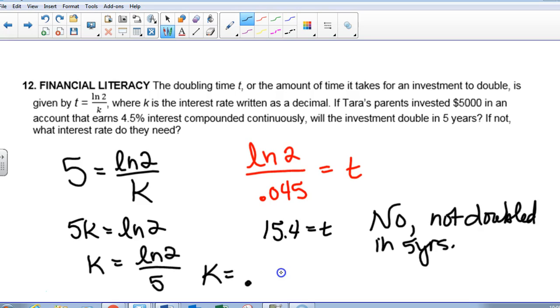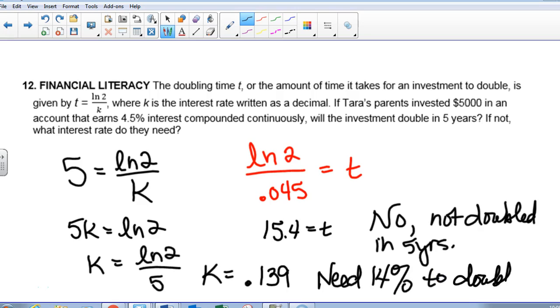Point something, I hope. 0.139, so she'd need almost 14%. Oh, that's some chicken scratch, sorry. But she'd need about 14% to double in 5 years.